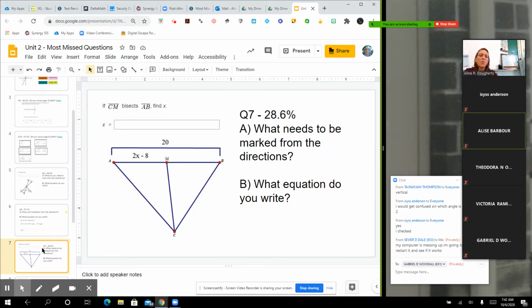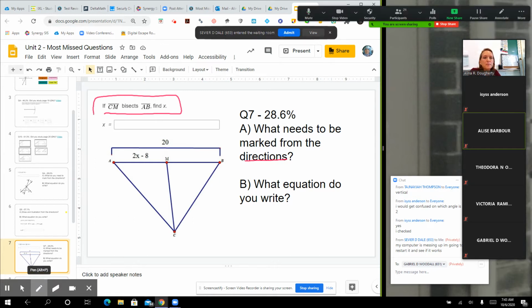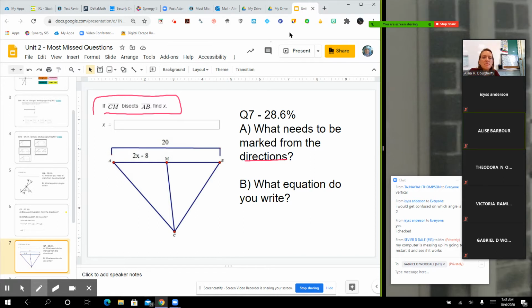Next one. What do we need to know from the directions? So we've got some directions. What does that tell us? What does it mean when CM bisects AB? What can I draw into my picture? It makes two equal parts out of it.